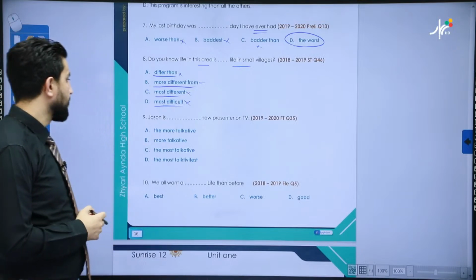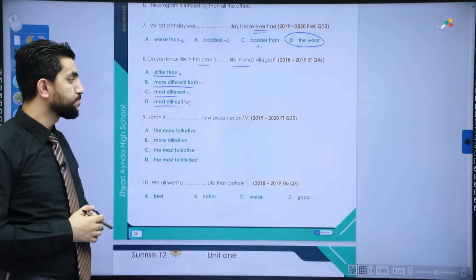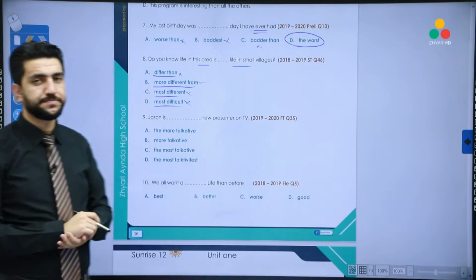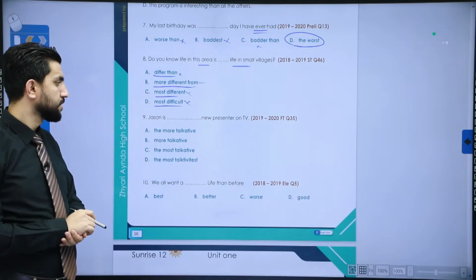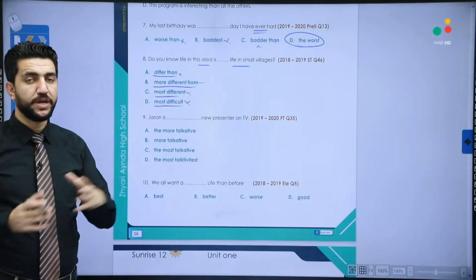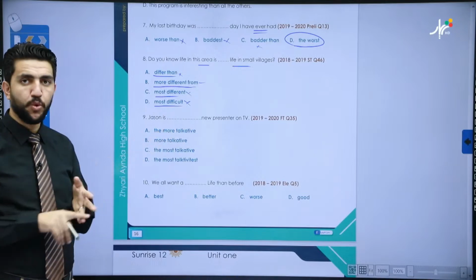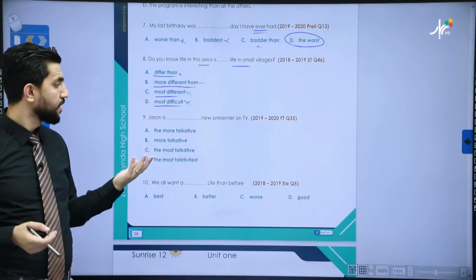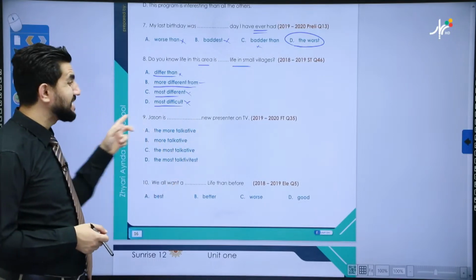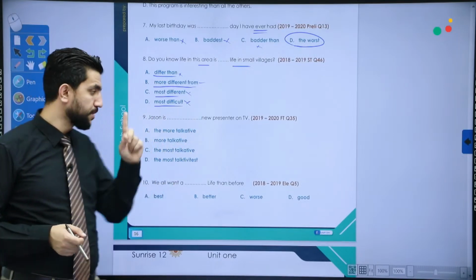Number 9. Jason is news presenter on TV. Which one do you think is correct? Do you think we have a comparative? Do we have from, more, much, a lot? We don't have those. Than, we don't have those. So that means it is not comparative, it's superlative.